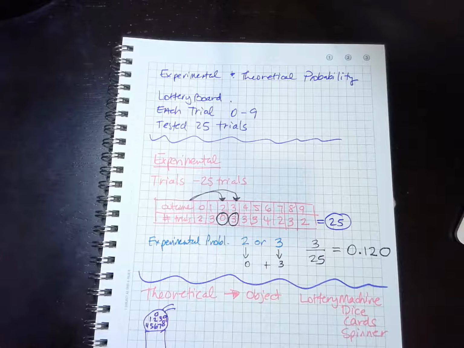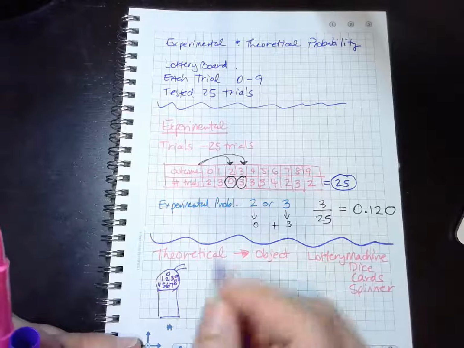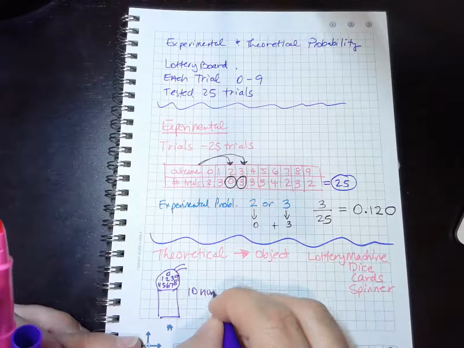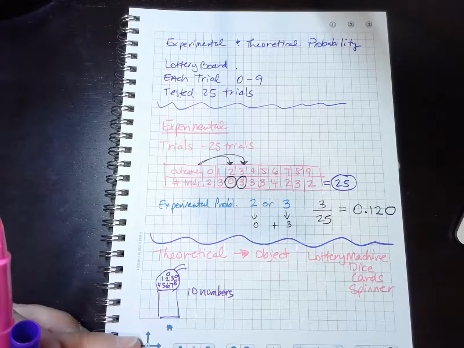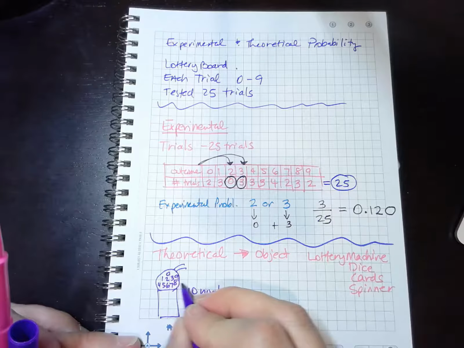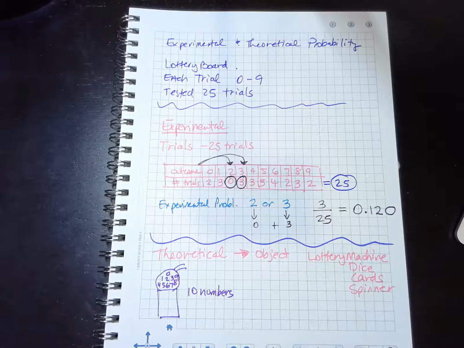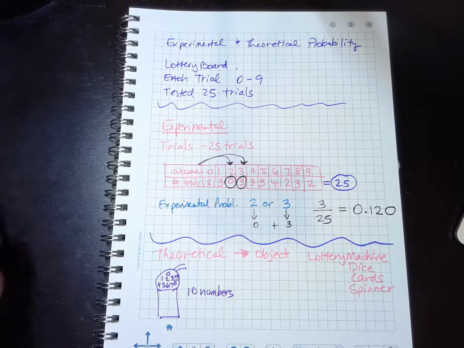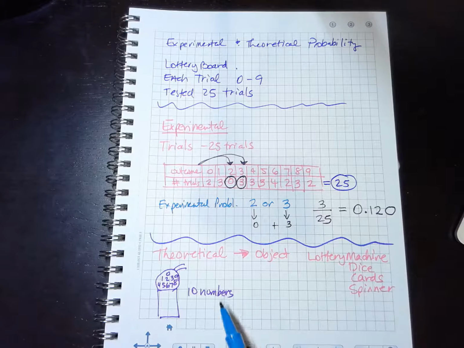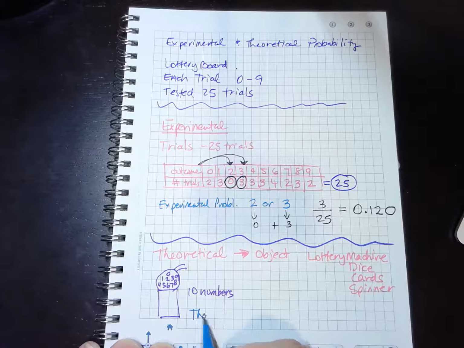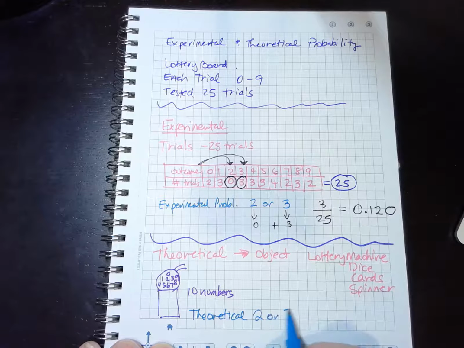There are 10 total numbers. So now the question is, what is the theoretical probability that I'm going to get a 2 or a 3?